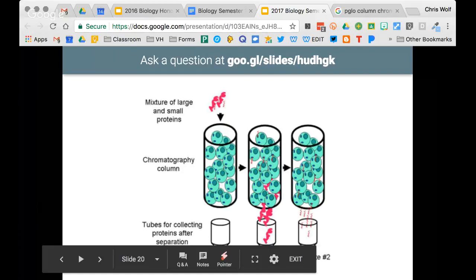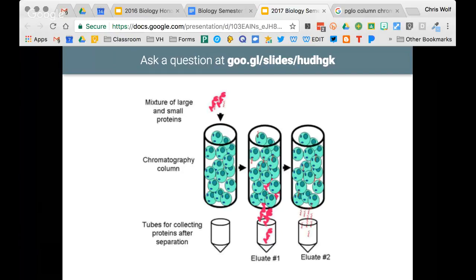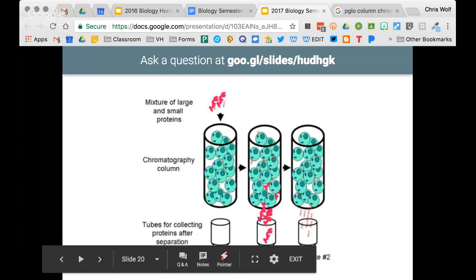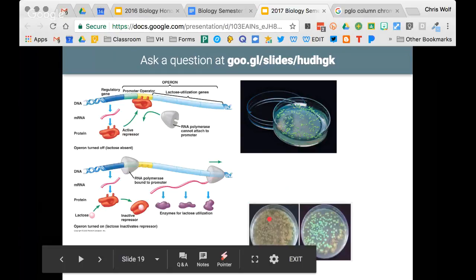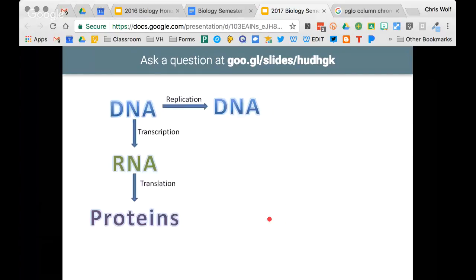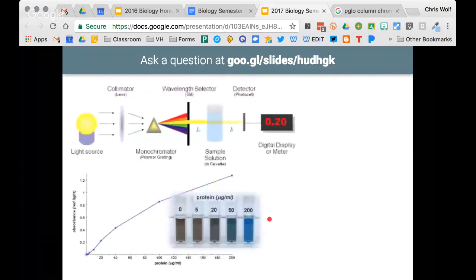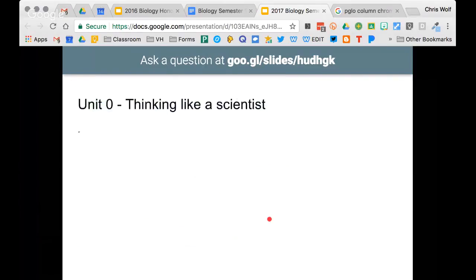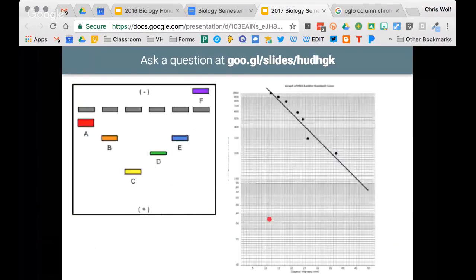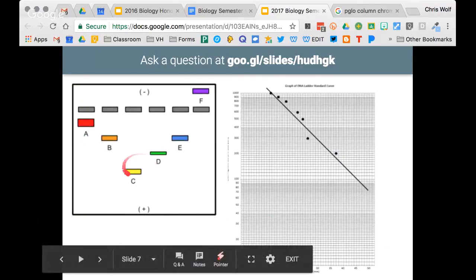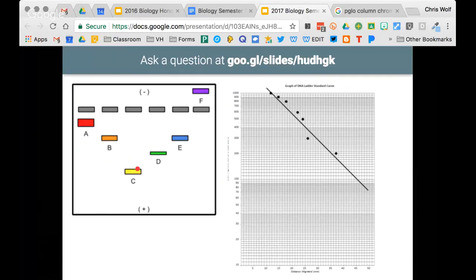So the purpose, to answer whoever asked the question, what's the purpose of the column chromatography lab, was to purify or get just one kind of protein in our sample. In our gel electrophoresis, our SDS-PAGE gel we ran, if you look back to a gel picture, if you have one band that matches up to the high concentration of the protein, that one band indicates you have one kind of protein in there, which indicates it's pure.